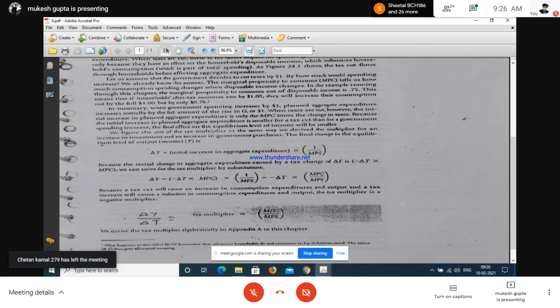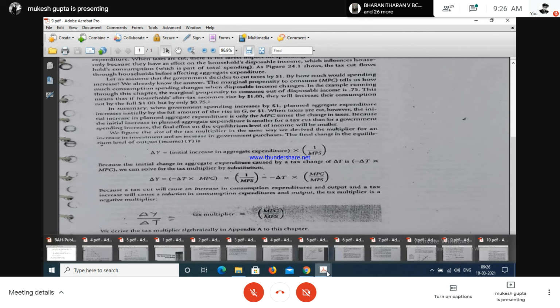So the government expenditure multiplier with this MPC 0.75 is 4. The tax multiplier is 3. The tax multiplier is always less than the government expenditure multiplier. So with the change of the tax, the output will change by 3 times. If the tax increases by 100, the output will contract, output will decrease by 300. That is the tax multiplier.